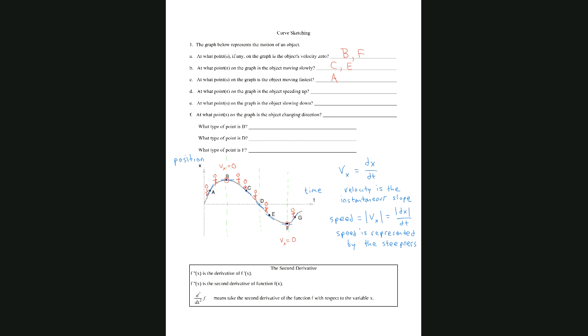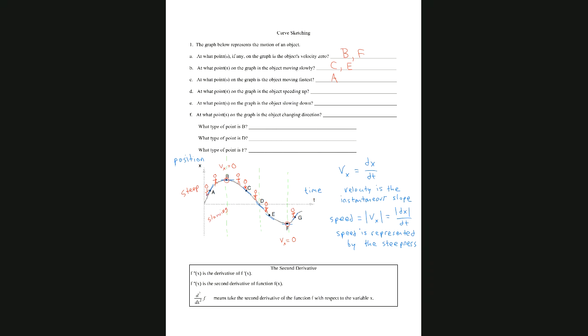So from A to B, what's happening to the speed of our object? Is it speeding up or slowing down? Since the graph slope is quite steep at A and it's 0 at B, we're moving fast at A because we're changing a lot of position with time. But at B, we're stopped. So that would be a place where we are slowing.